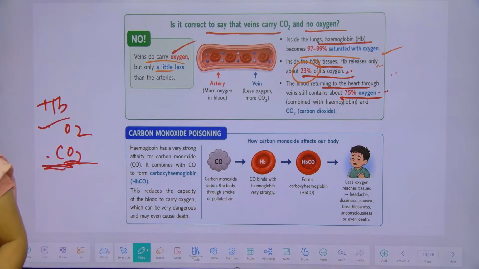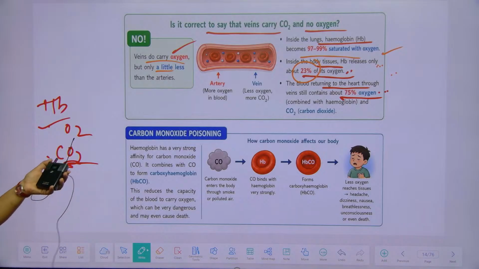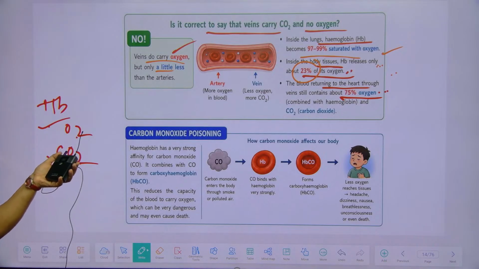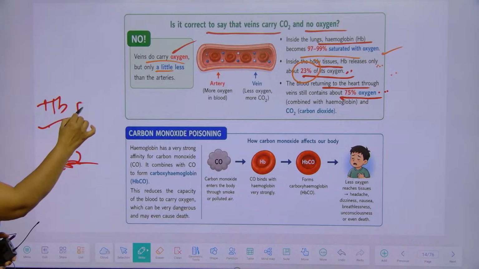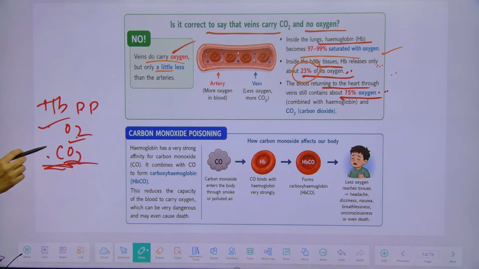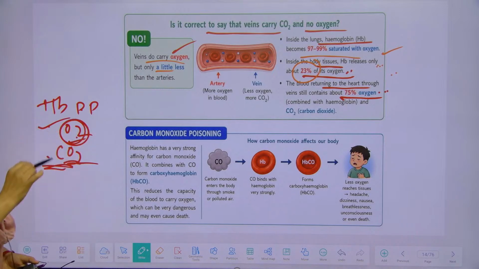Carboxyhemoglobin will be formed, but we do not require that. Then why does oxygen combine? Here the partial pressure of oxygen is helping. At the lungs, whose pressure is more? Oxygen pressure is more. Because of that, oxygen will combine with the hemoglobin.